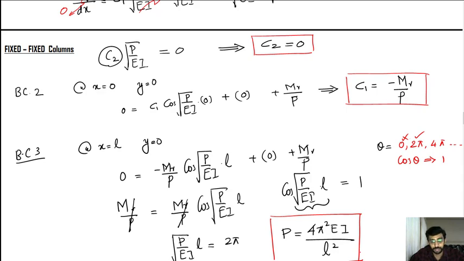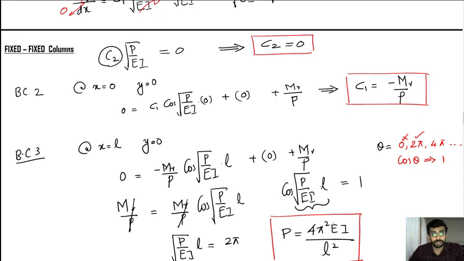So in the previous fixed-free condition, 4 was in the denominator, now the 4 is in the numerator. But the general nature of the equation still remains the same, as pi square EI by L square. This is how you have to carry out the derivation of Euler's equation. Actually, this derivation is very easy, but in some textbooks you find it very difficult because of so many lengthy derivations, and you feel more confused.